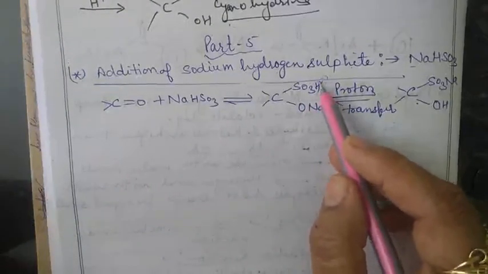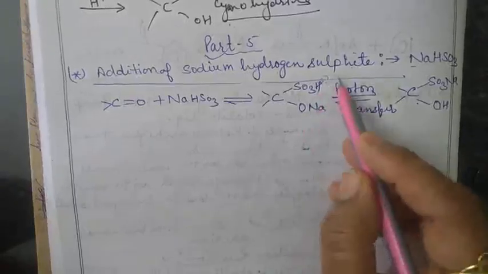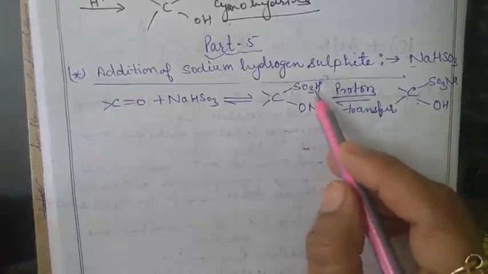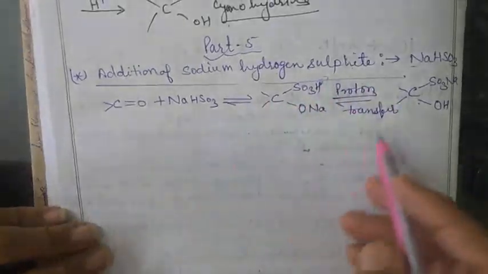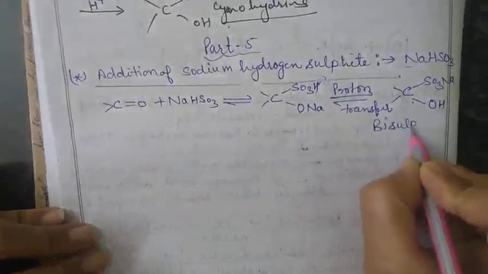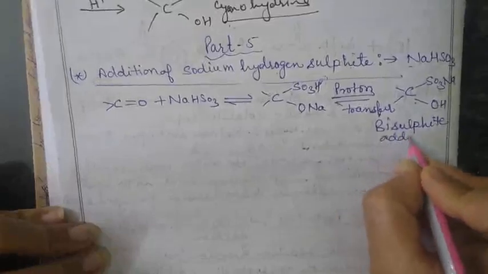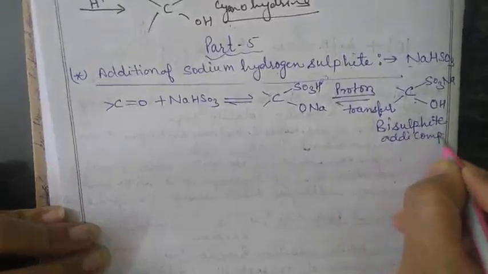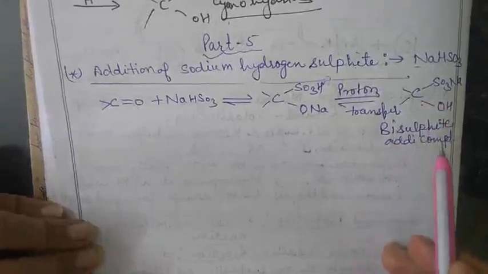This H plus ion combines with this hydrogen, and this Na goes with that SO3. So this is the bisulfite addition compound.